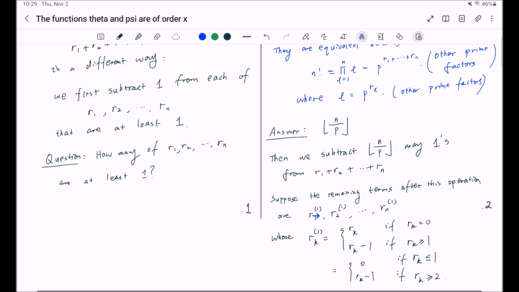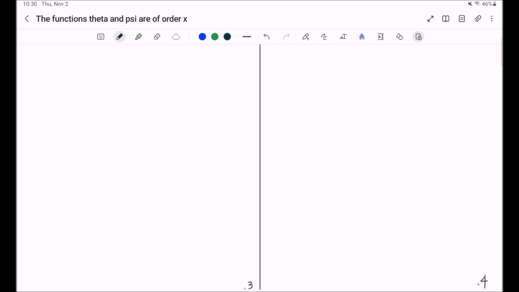And now we repeat what we have done above. Now we subtract 1 again from each of R1 1, R2 1, all the way to Rn 1 that are at least 1. And now let me ask you the question again.